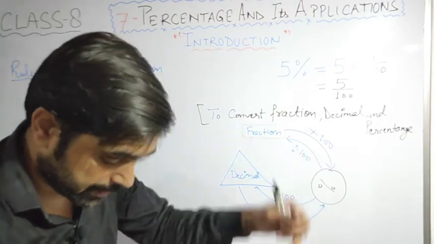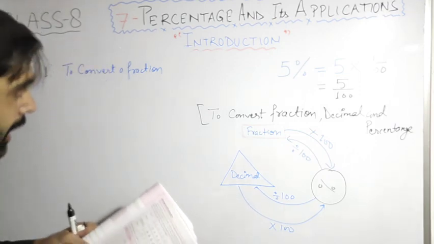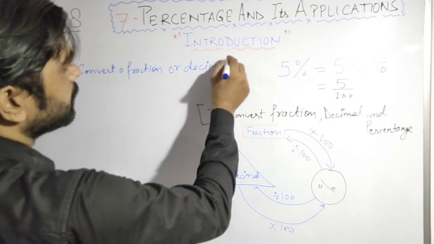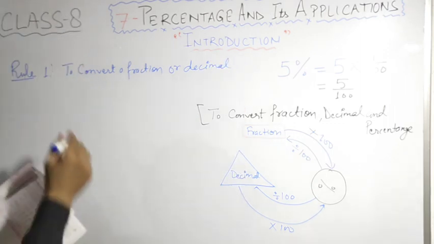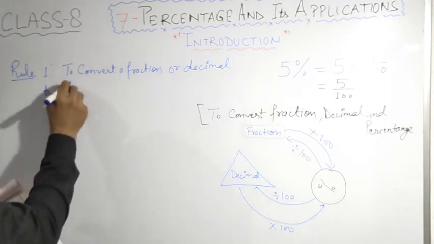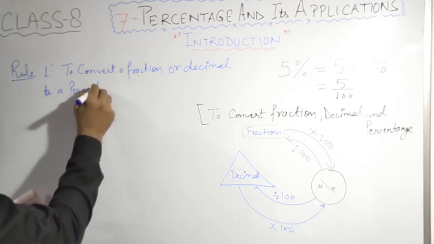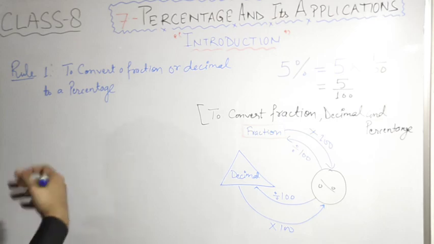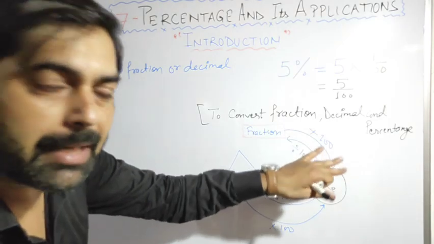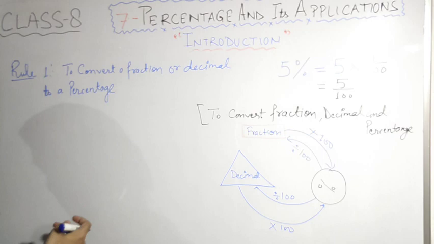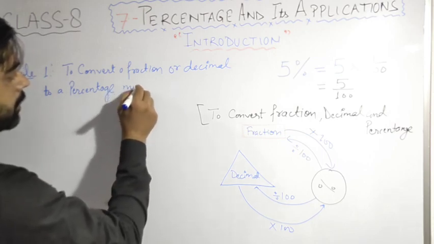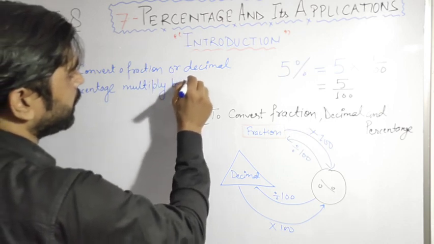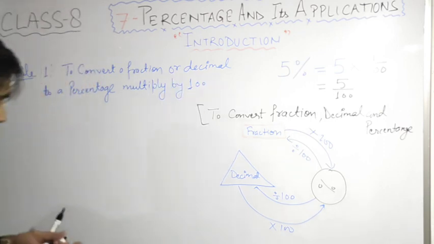To convert a fraction or decimal to a percentage, how we can convert, by multiplication. Look here what is happening, by multiplying the percentage by 100. Okay.